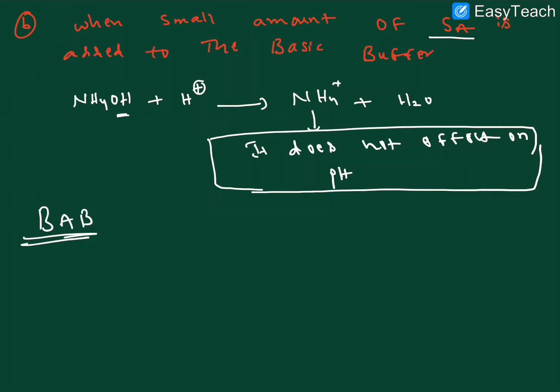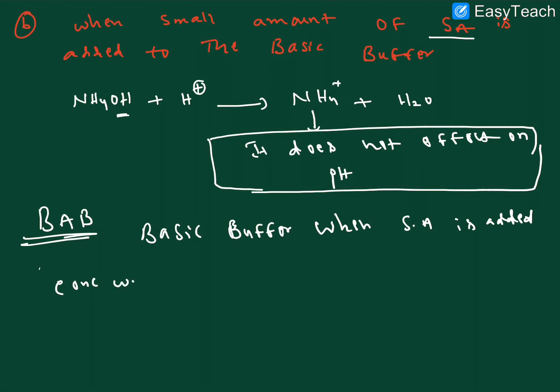The simple rule here is BAB. What is the first B here? Basic buffer solution, when a strong acid is added, that's all. Now what happened here?